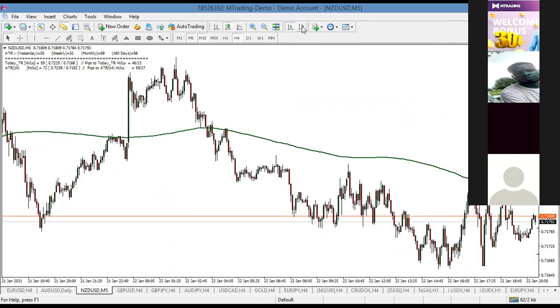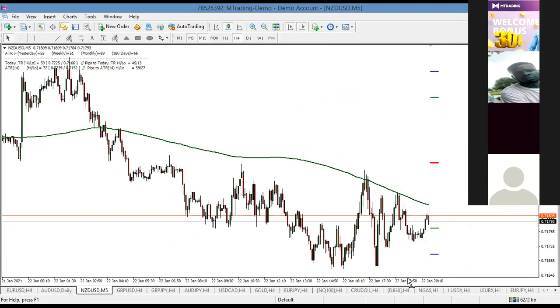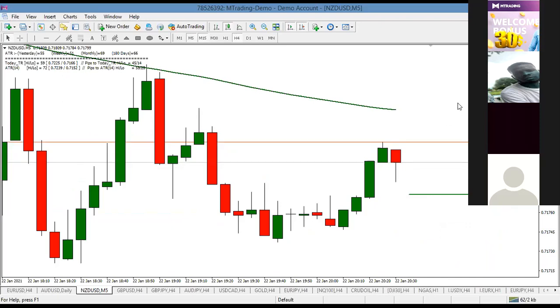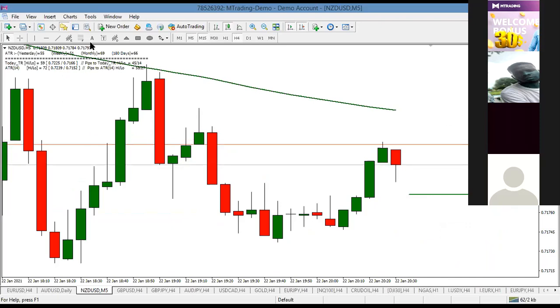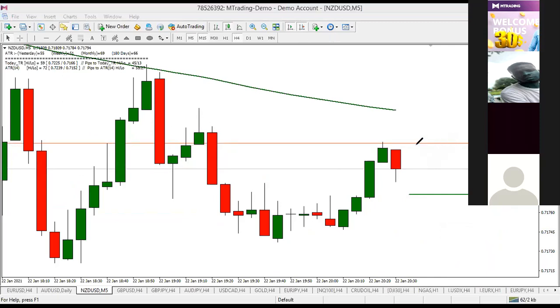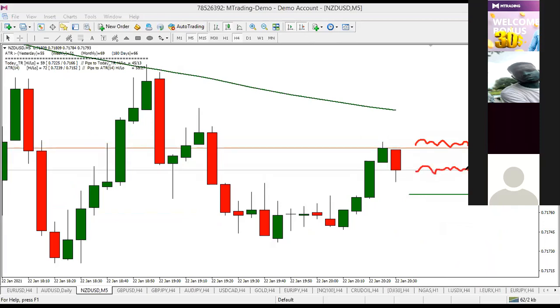That's what I want to show you right now. You can see this line here, and this line. This is the ask price. This is the bid price.